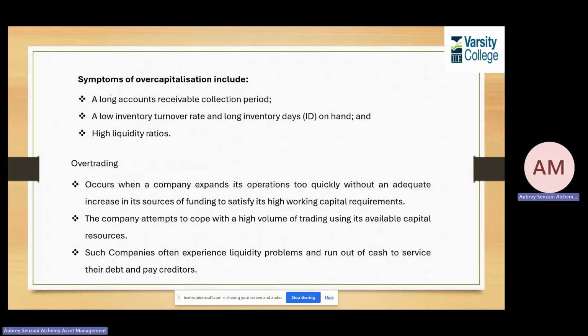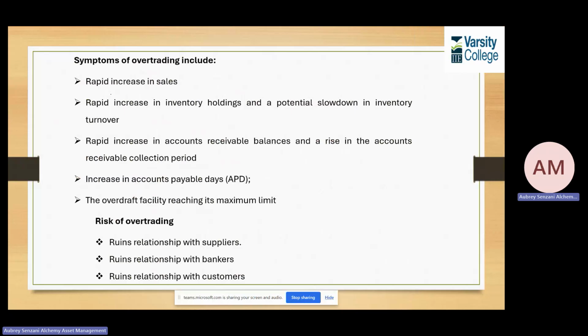And sometimes we even go and borrow money to buy inventory. And then there's the risk that we may have liquidity problems along the way, because we might not turn over that trading inventory quickly enough to meet our debt and pay our creditors, or just meet our daily operational expenditure.